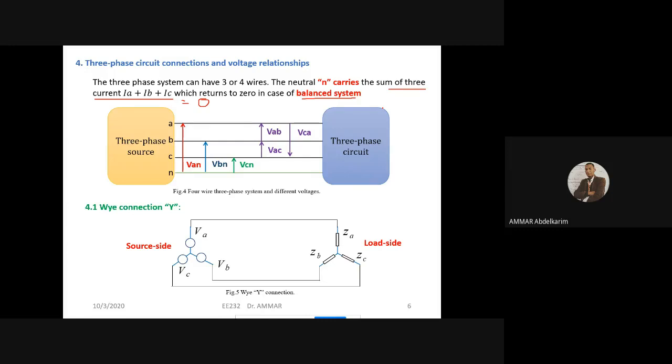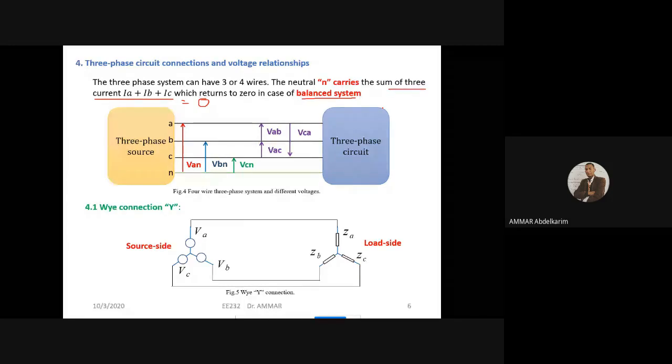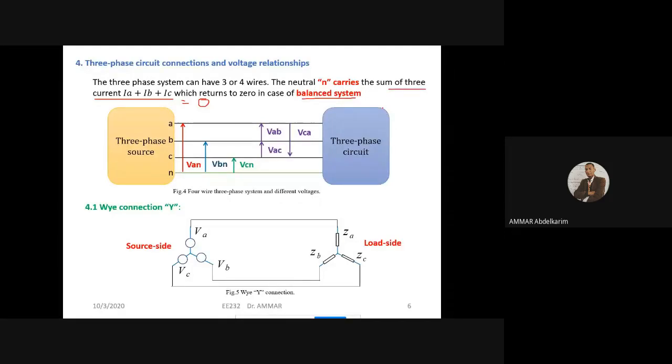Also, the shifting must be 120 degrees between each two phases. So those are the conditions of three-phase balanced systems. If the shifting is not 120 degrees between two phases, or the voltage values are different, or we connect different loads to each phase, it will of course cause a difference in the currents.